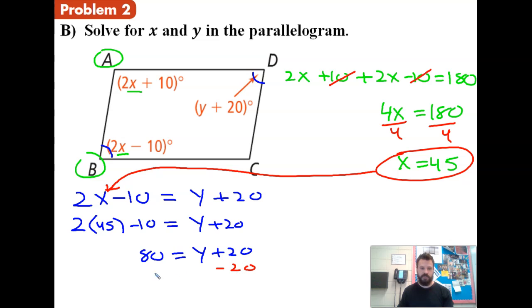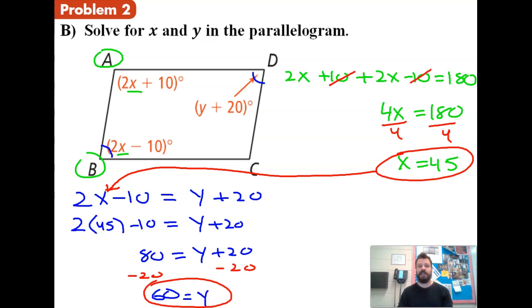And then subtract 20 from both sides. We end up with y is equal to 60. Okay, so there's another example of using a system of equations to solve for variables involving a parallelogram.